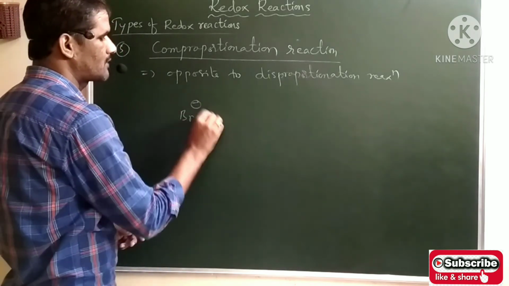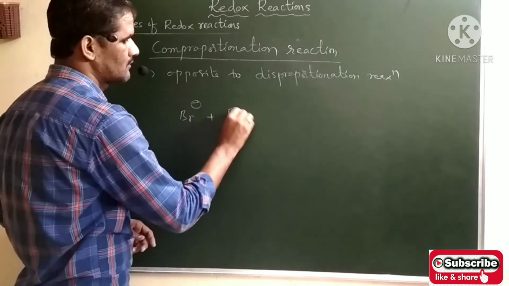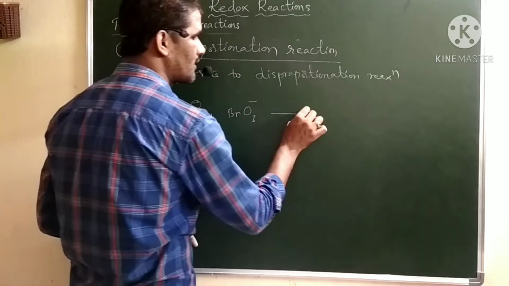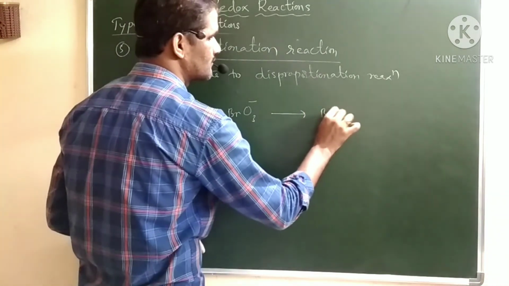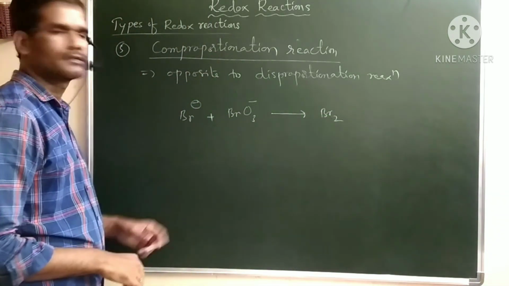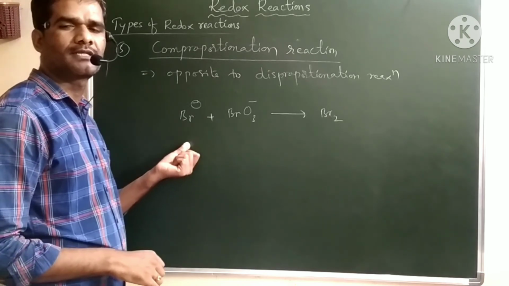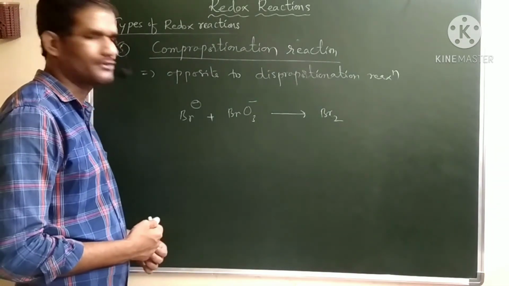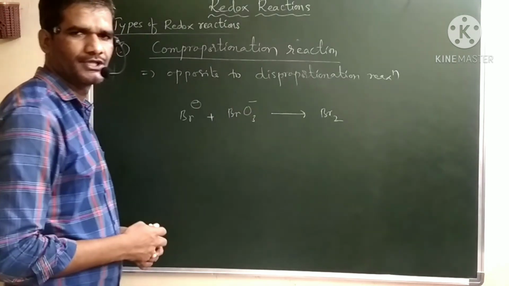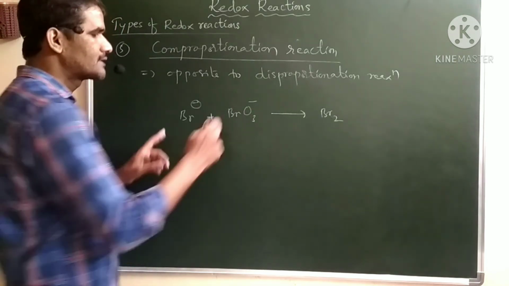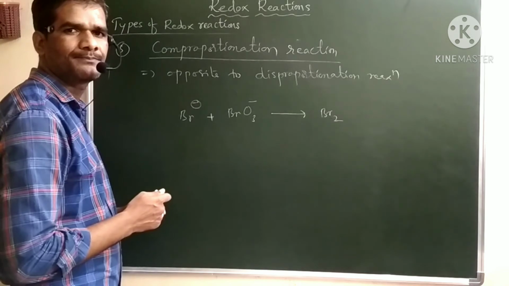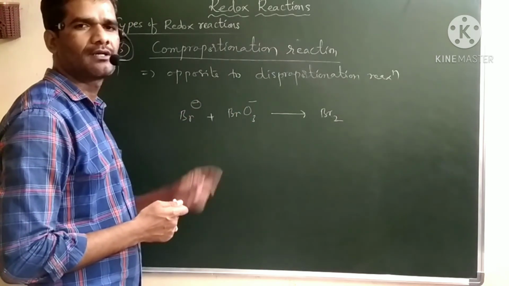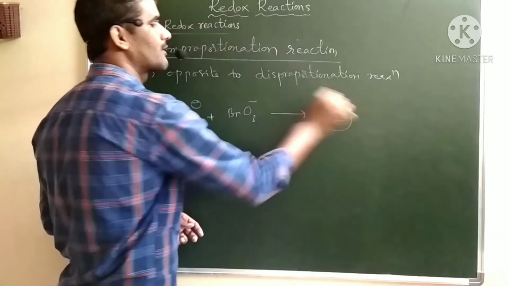You can take an example like this. Let me take Br- and BrO3-, and it can form bromine. This we previously took as an example of disproportionation, and this reaction is the reverse of that one, and this is a comproportionation. Here, of the two reactants, one undergoes decrease in oxidation state and one undergoes increase, and they form only one product.